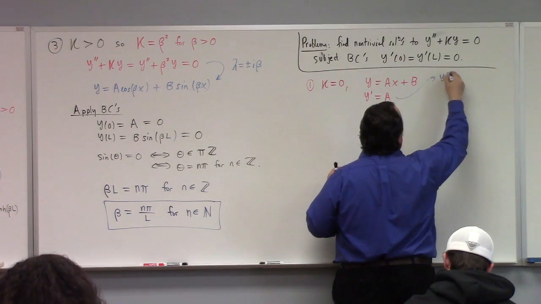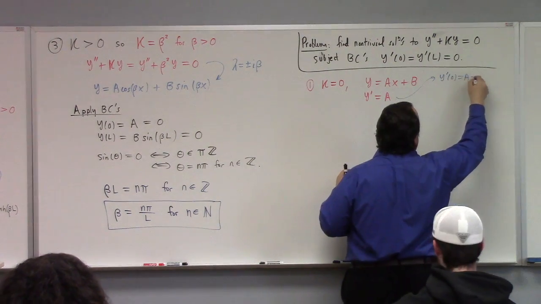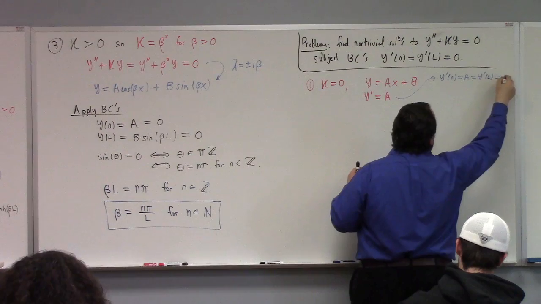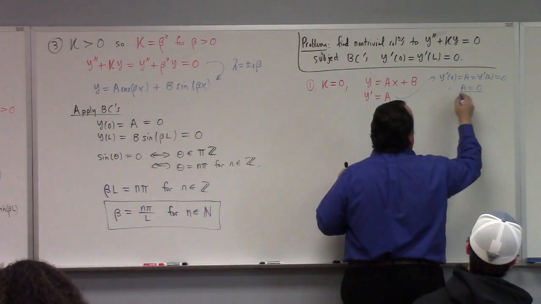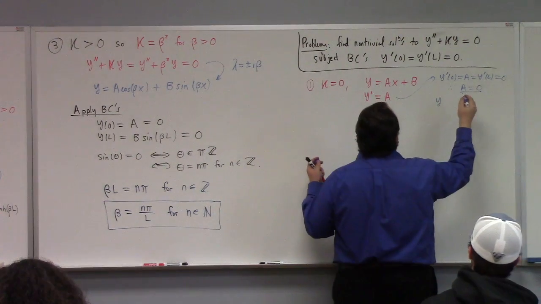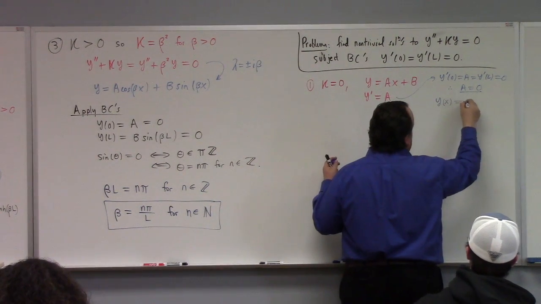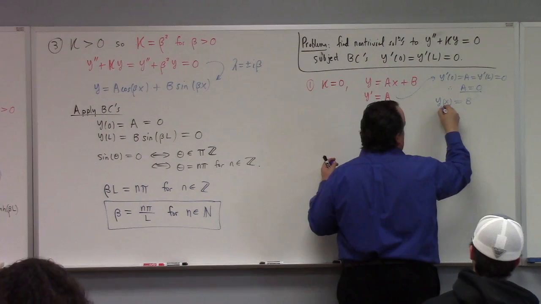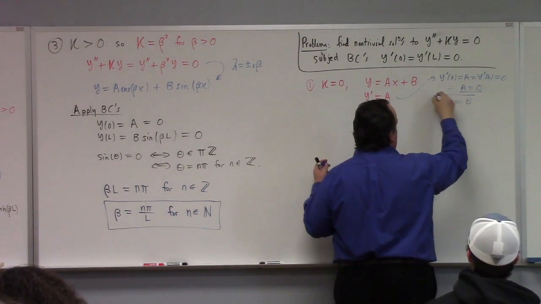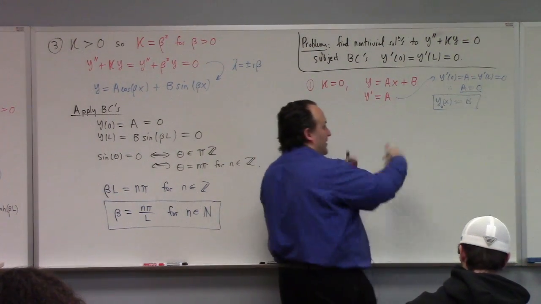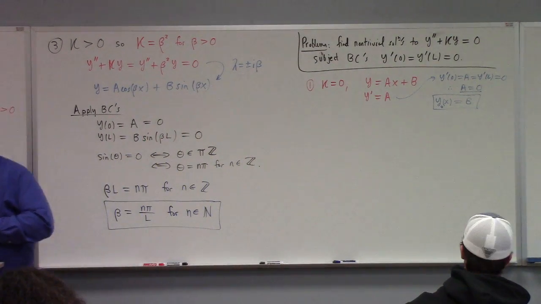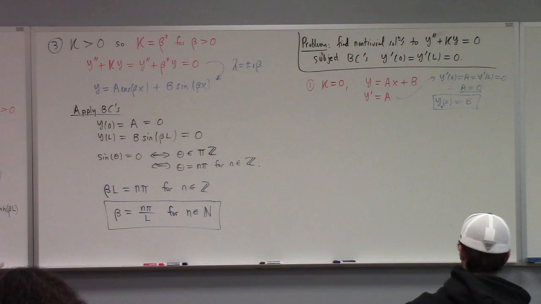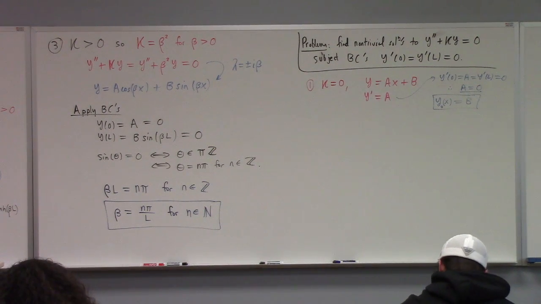We get y prime of 0 is equal to a is equal to y prime of L, right? So apparently a is equal to 0, and oh, hey, look at it, we get y of x is equal to b. So if you like, we could maybe say y sub 0 equals b. Behold, a solution from the 0 case. We could just have the constant solution. All right? So there's something.